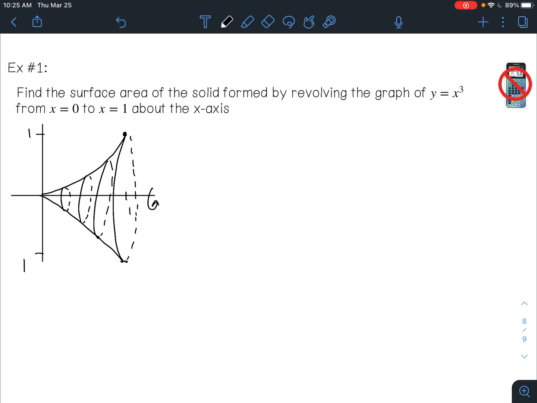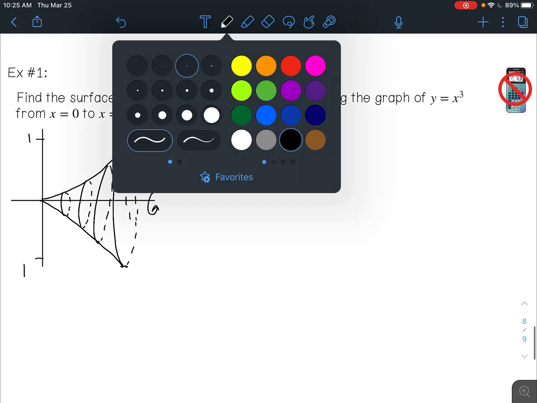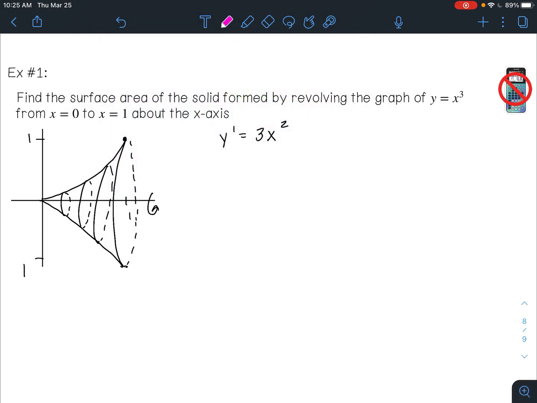So we know how to find the arc length, so we're going to find our derivative first. That's going to be 3x squared. I'm going to need that to set up the arc length stuff, and then we need our radius of revolution, which is this right here. That's going to be our r, because that's just the distance between the axis of revolution and the curve.